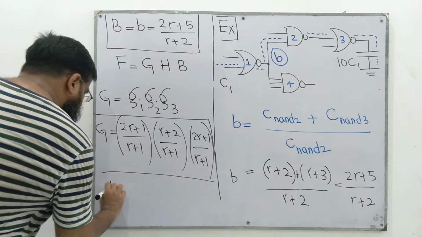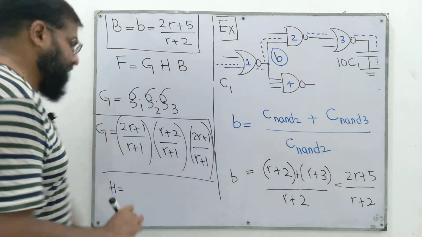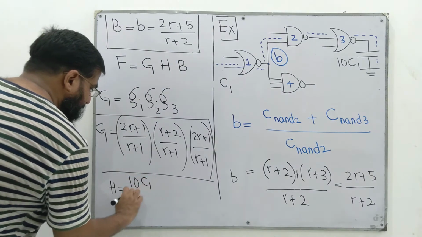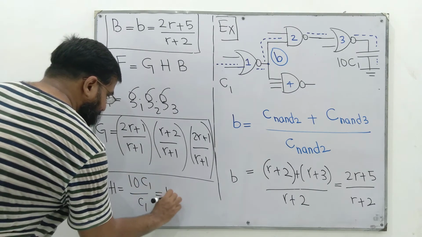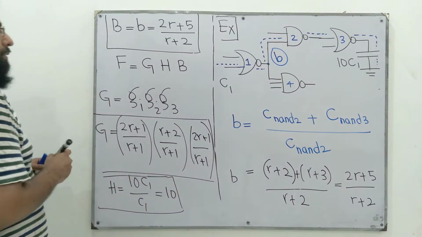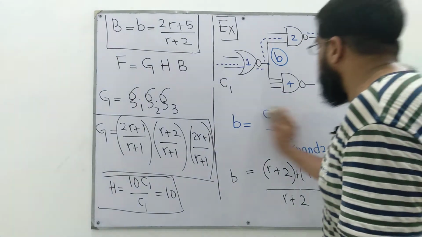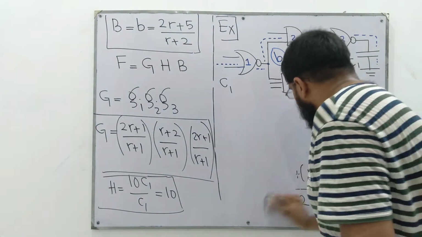And computing H is straightforward. It is the output capacitance of the final gate divided by the input capacitance of the first gate, 10 C1 over C1. This is 10. So now we are ready to compute capital F, the path effort.